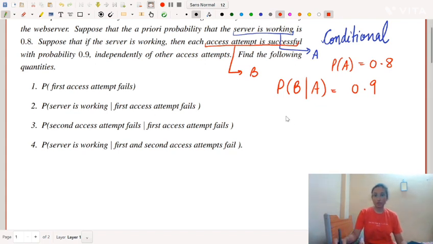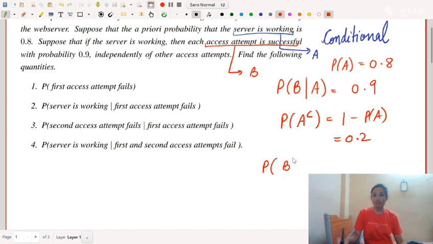From here we can calculate probability of server not working, which is 1 minus probability of A, which is 0.2. And then probability of access attempt failing given the server is working, so 1 minus probability of B given A, which is 0.1.